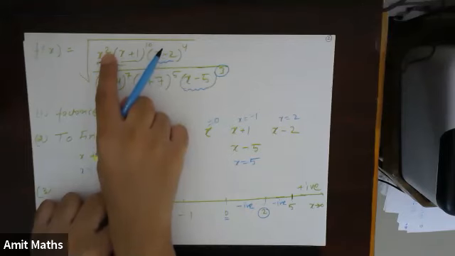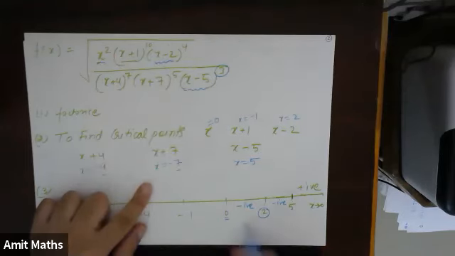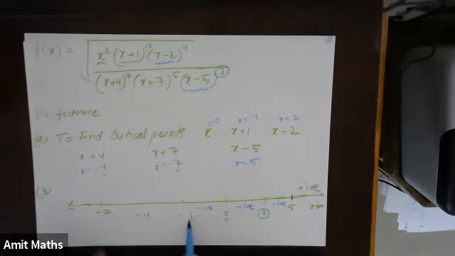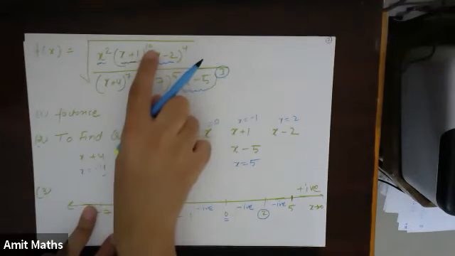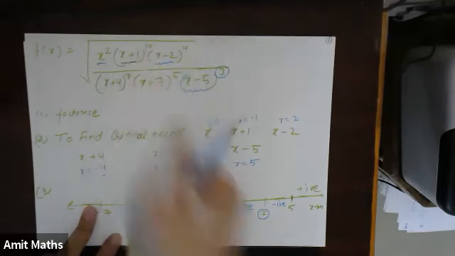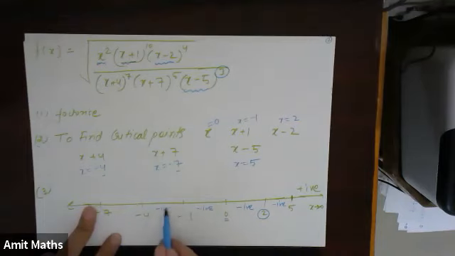If the power is even, the wavy curve won't change its sign. So if this is negative, this will also be negative. Now 0. For this one, again the power is even, so it won't change sign; if it is negative, it stays negative. Understood? Now -1 is for this one. The power is even. Even power does not change sign, so for negative, again it is negative.